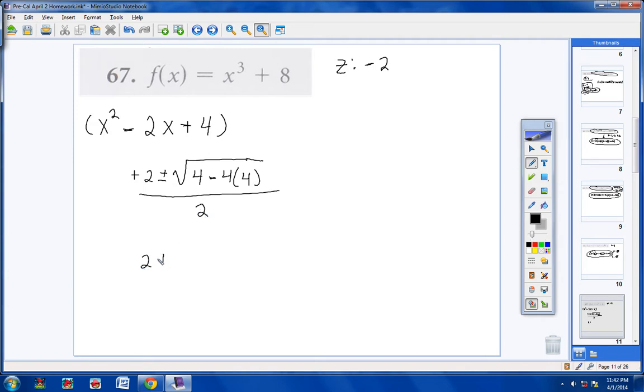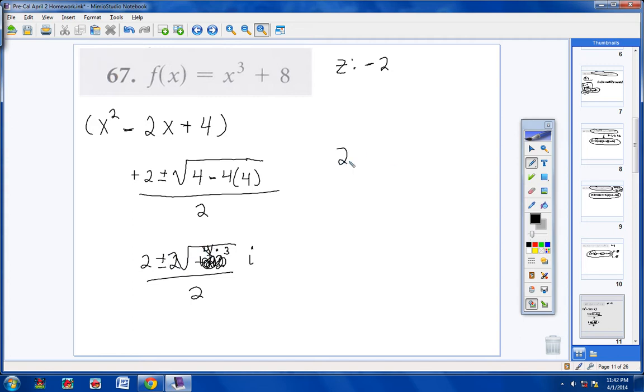Okay, if we then simplify the radicand, 4 minus 16 would be negative 12, all over 2. Okay, and then if you make this positive and put an i on the outside, the next thing you can do is take your 12 and rewrite it as 4 times 3. Cross off the 4, put a 2 right here.